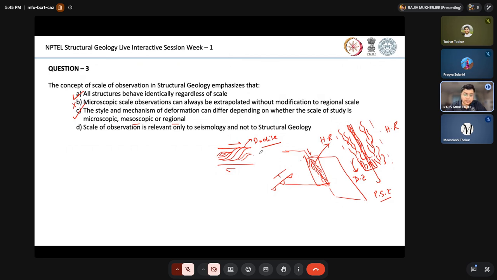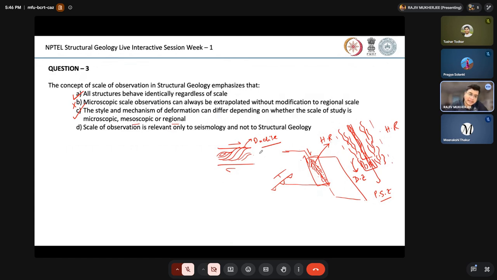And then you go to the microscope, you find that there are multiple folded structures as well inside the principal slip zone, which apparently has to be brittle in nature. But then you go inside, you find that there are some small signatures of ductile deformation. Right? So going from regional to mesoscopic to microscopic, things change, mechanisms change, and collectively we get a fault.